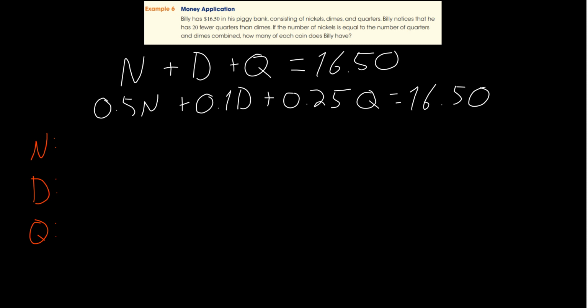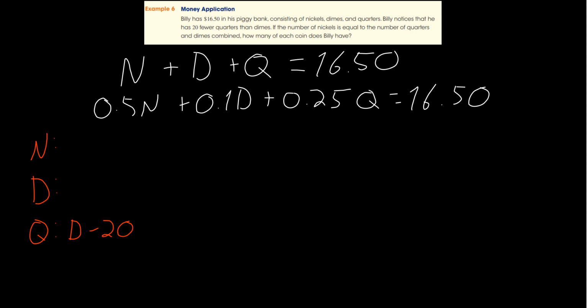So how do I figure out what that's trying to say? He's got 20 fewer quarters than dimes. So we're going to put this in terms of dimes. In quarters, he's got the dime amount, but it said 20 fewer. So that's going to be my Q variable: D minus 20.